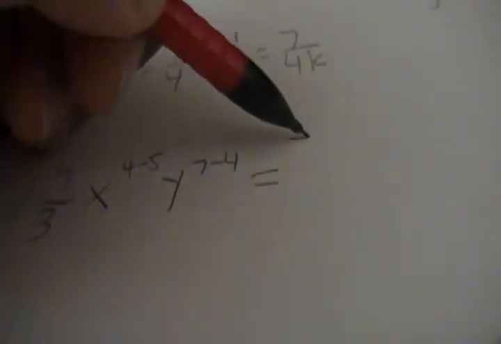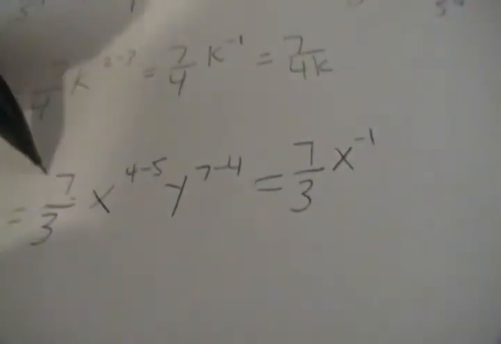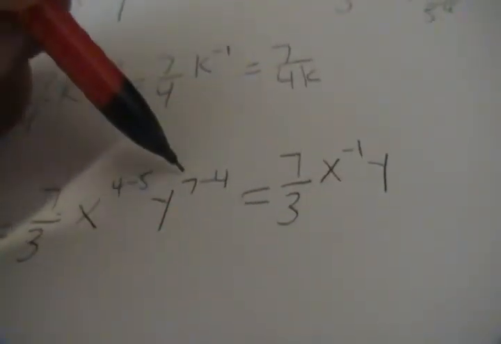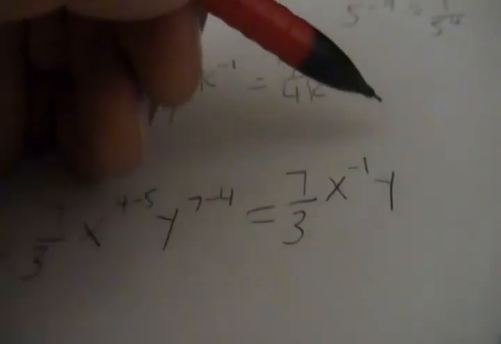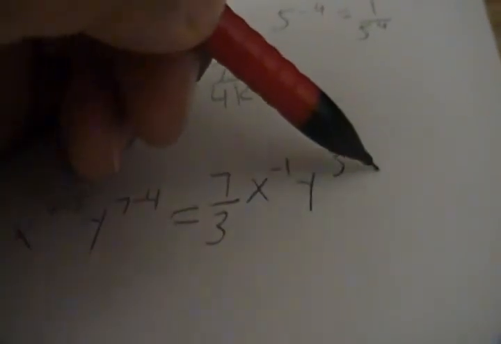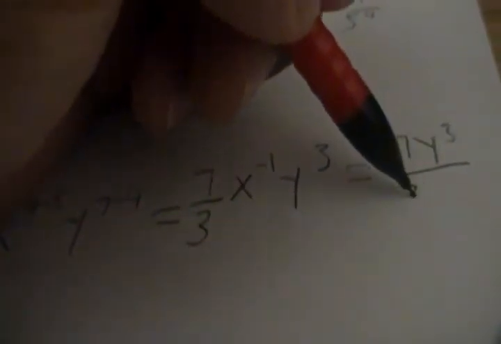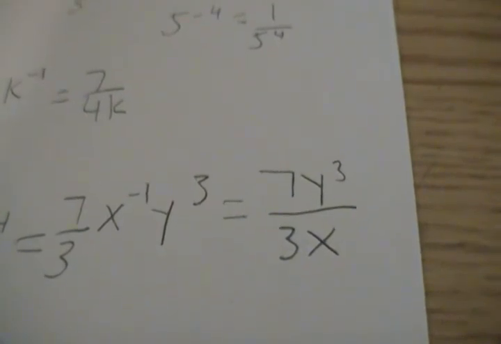So our final answer would be 7 over 3 x to the negative 1, because 4 minus 5 is negative 1, and for y, 7 minus 4 is 3. Now we don't want negative exponents, so x to the negative 1 is really 7 y to the 3rd over 3x.